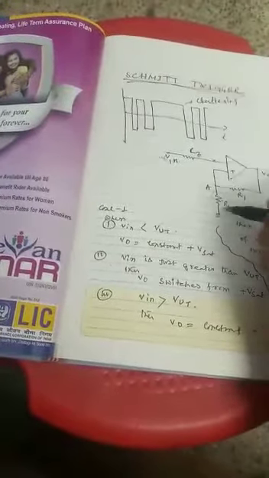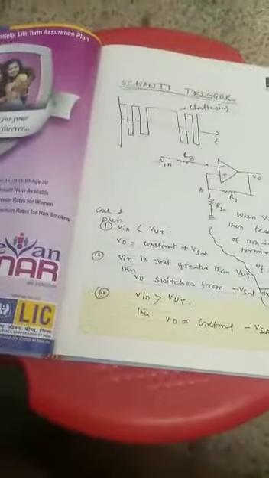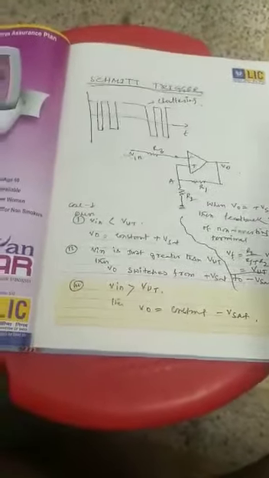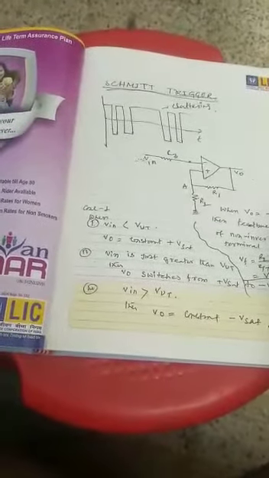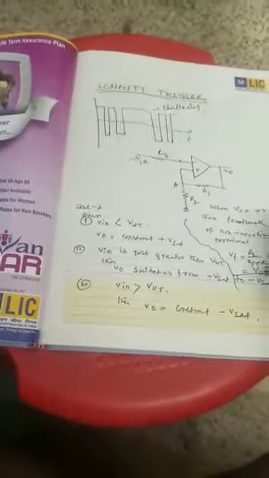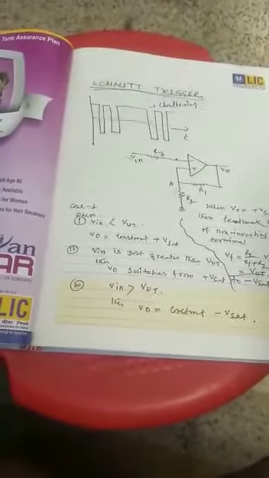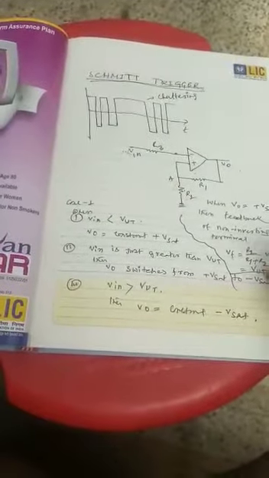We know the voltage divider rule: the voltage across R2 is R2 divided by the total resistance R1 plus R2, into plus Vsat. So VA will be R2 by R1 plus R2 into plus Vsat. Suppose this is equal to V of UT, the upper threshold voltage. V of UT is equal to R2 by R1 plus R2 into Vsat. This is called V of UT, the upper threshold voltage.